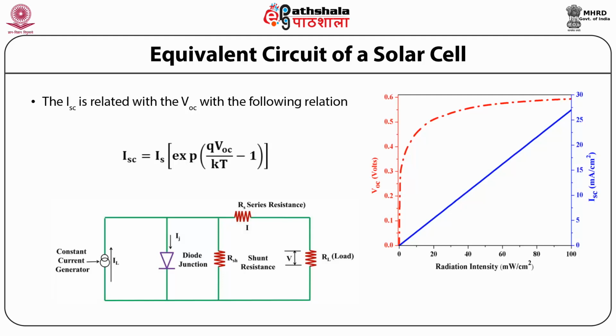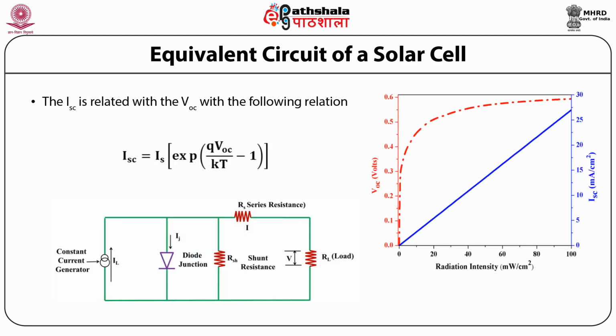The ISC is related to the VOC by the following relation, that is ISC is equal to IS multiplied by exponential of Q VOC by KT minus 1.